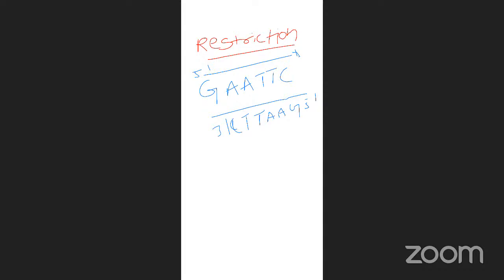Starting from G at the 5' to 3' end, here also 5' to 3' end, G, A. So this direction is the same sequence and that direction is the same sequence. This is called a palindromic sequence. Most probably this is the recognition site of the DNA, right?